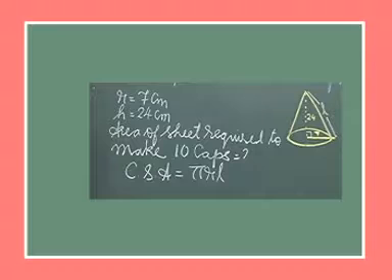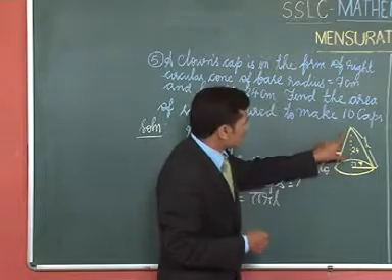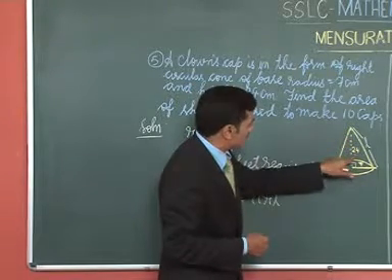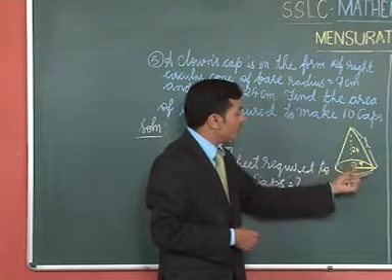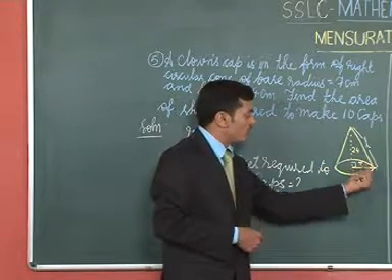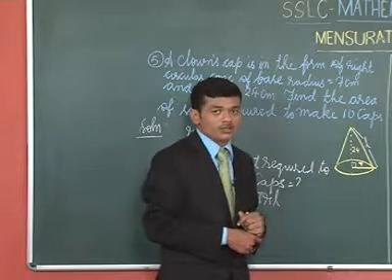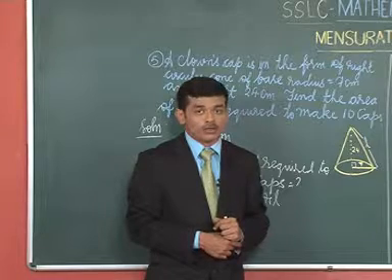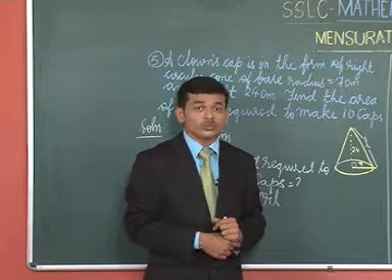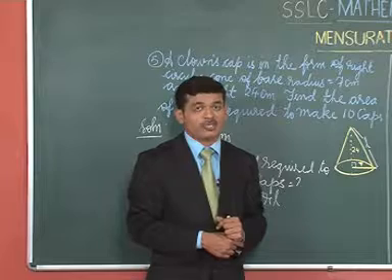So here we have a right angled triangle where it is 90 degree at this point. And this side of the triangle is given, it is the height which is equal to 24 centimeter, and this side of the triangle we know is equal to 7 centimeter. So we already know how to calculate the length of a hypotenuse when the value of two sides of a right angled triangle is given.